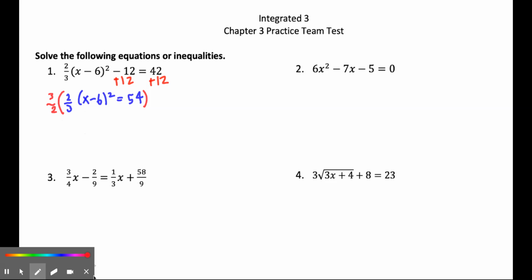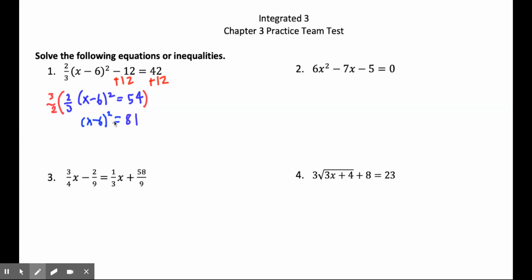They're reciprocals. And then you get x minus 6 squared, and then 54 divided by 2 is 27, and then times 3 gives you 81.